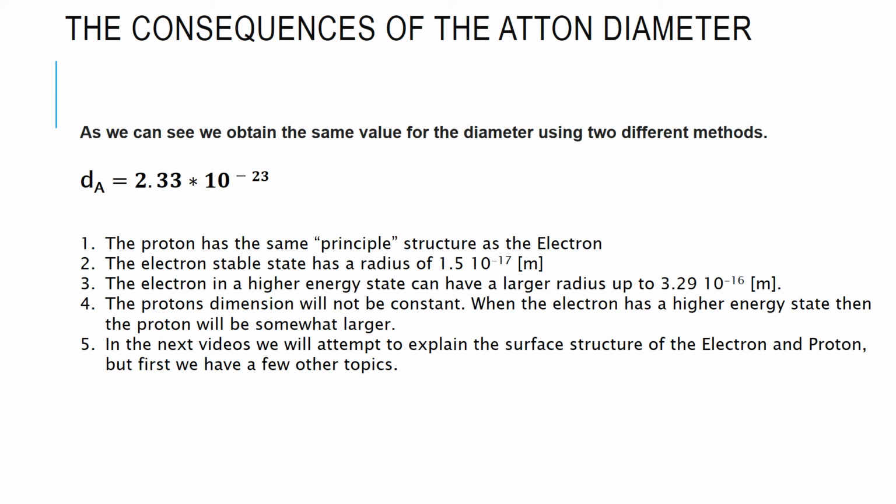I think that's also part of the problem we've been having trying to experimentally determine the radius of the electron, because it is not as constant as the proton. Now, the proton does not necessarily have to be totally constant either, but it has fewer possibilities to be charged into a higher energy state. So I think this result is pretty exciting.